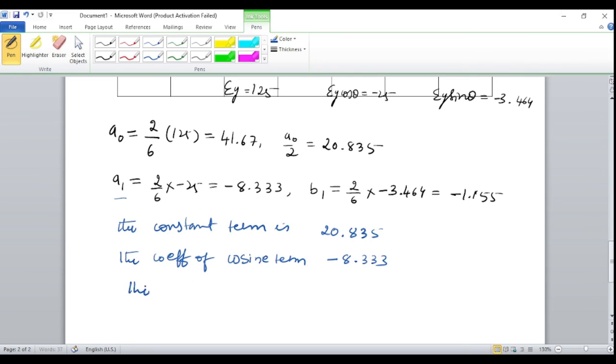Similarly, the coefficient of the sine term is minus 1.15.